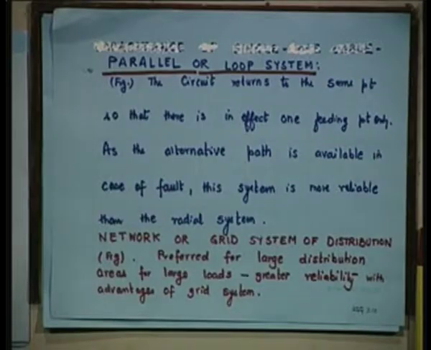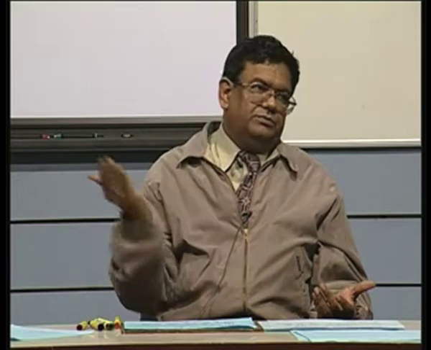In a radial system, if there is a fault, you have to wait for the removal of the fault, or resort to your inverter or alternative or non-conventional energy sources, if you have any in that building.